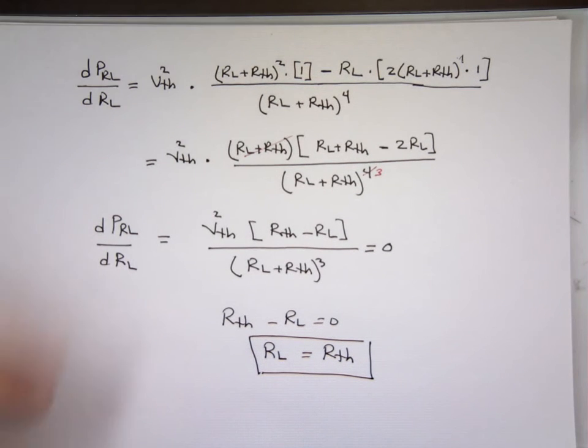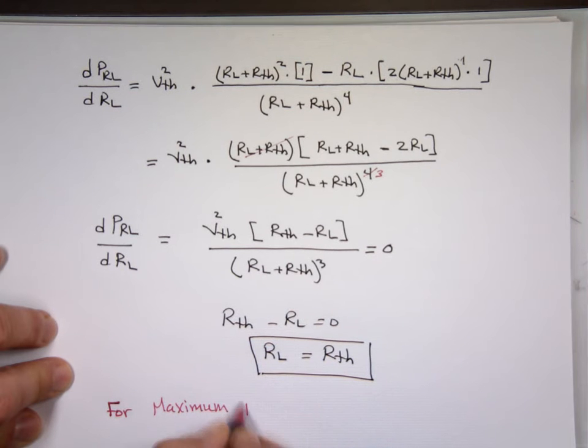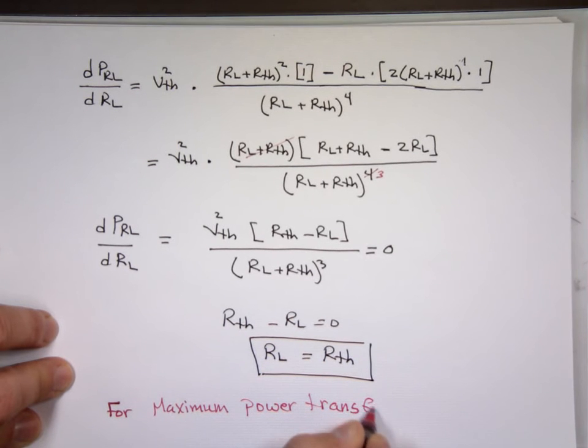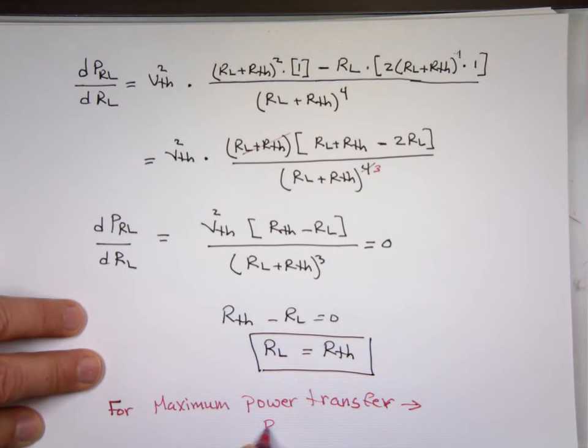So for maximum power transfer, you will need RL to equal R Thevenin.